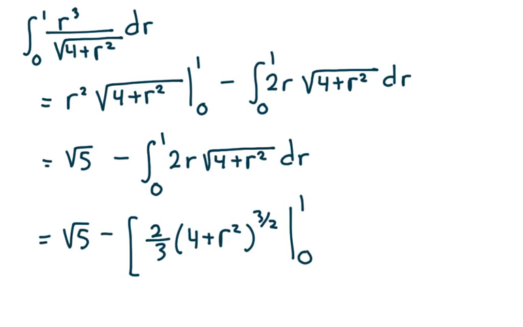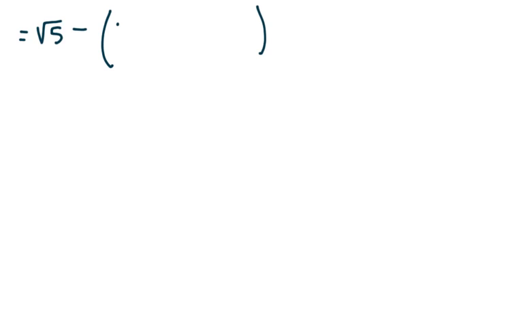If I plug the 1 in, I get 2/3 times 5 to the 3/2. If I plug the 0 in, I get 2/3 times 4 to the 3/2.